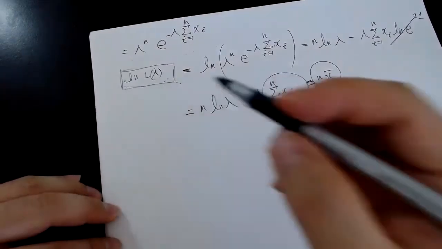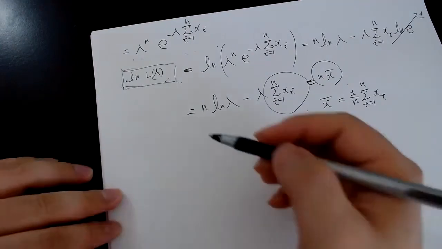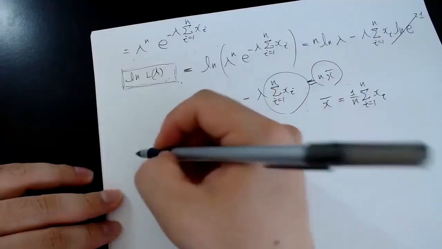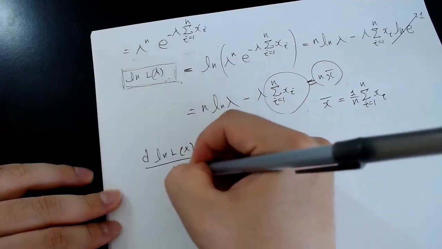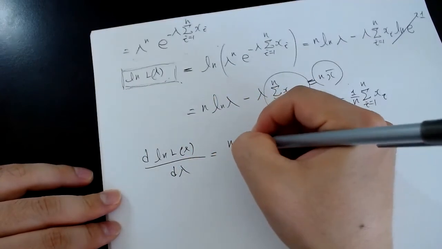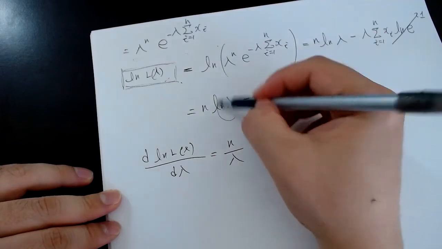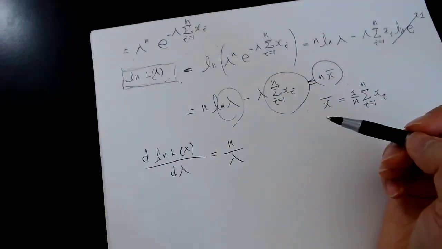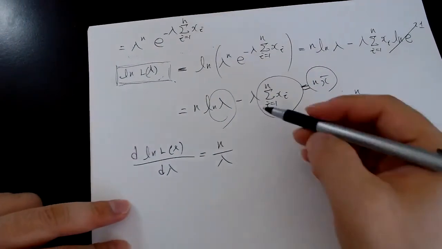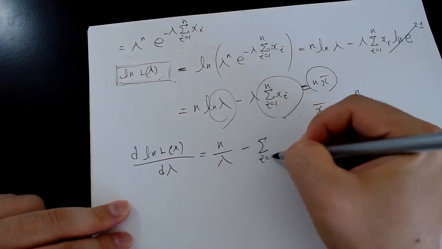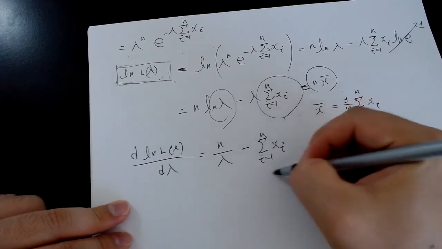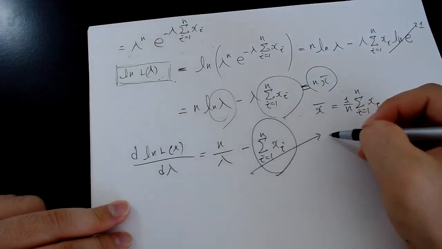Anyway, we'll find the derivative of natural log of L of lambda. So d natural log L of lambda with respect to lambda is n over lambda, because the derivative of natural log of lambda with respect to lambda is 1 over lambda. And then minus sigma i equals 1 to n of xi, which I told you is n times x bar.